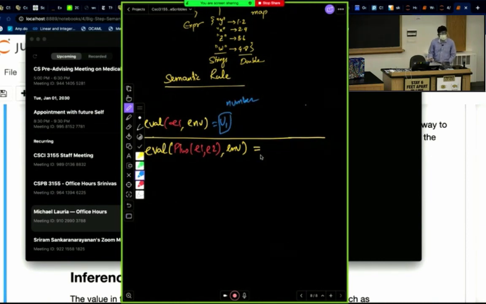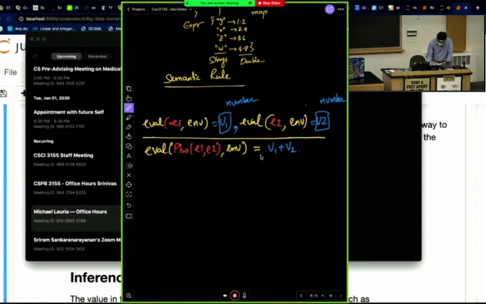We'll talk about what else it could be in a second. And then let's say eval E2 under the environment gives rise to V2. For now, let's assume V2 is a number. Again, there are going to be other cases where V2 might not be a number. Then this whole eval of plus E1, E2 is V1 plus V2. So this is called a semantic rule.